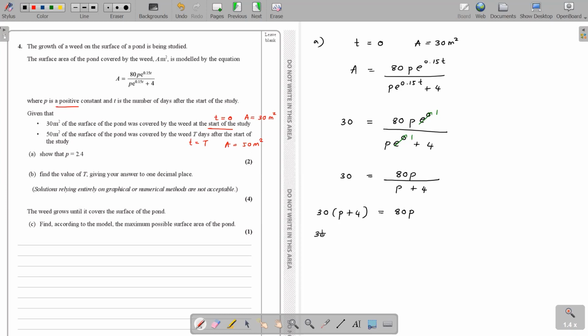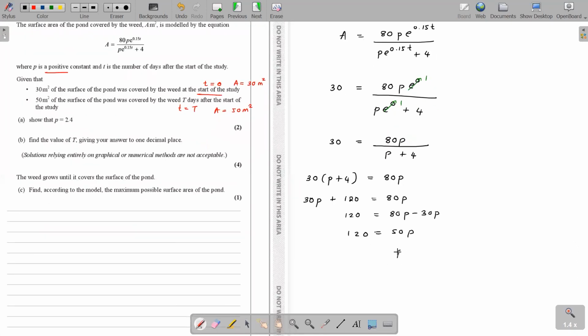So I get 30p plus 30 into 4, which is 120, equals 80p. So I get 120 equals 80p minus 30p, which gives me 50p equals 120. Is that correct? So p is 120 divided by 50, which is 2.4, right? 120 divided by 50 is 2.4.